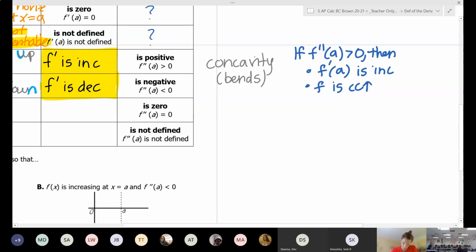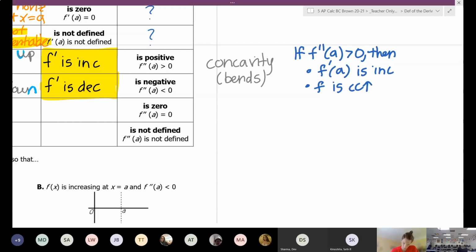All three of those statements are interchangeable, but notice we're not saying f double prime is concave up. We're saying since f double prime is positive, that means f prime of a is increasing and f is concave up. And of course, I can write a similar statement if I have f double prime is less than 0.